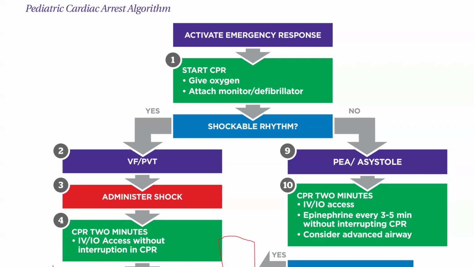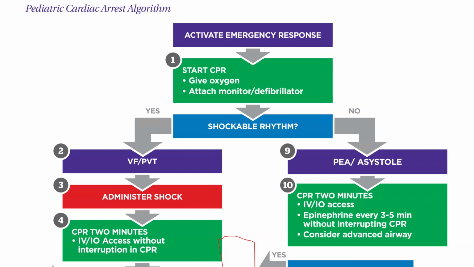So BLS is very important. If the rhythm is shockable, that means ventricular fibrillation or pulseless ventricular tachycardia, administer a shock. Immediately following the shock, do CPR for 2 minutes and get access. When you're switching from one to another, minimize the interruption. The interruption should not be more than 10 seconds.